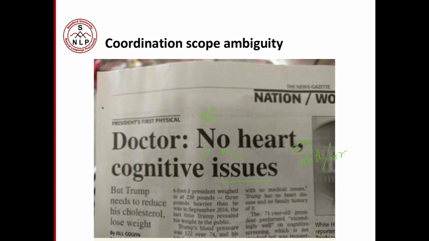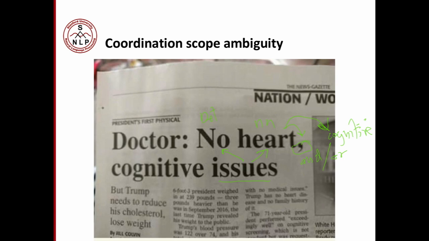So heart is another dependent, it's a noun compound, heart issues, and we refer to that as an NN dependency, and then it's heart or cognitive. So that "heart or cognitive" is a conjoined phrase inside of this "no heart or cognitive issues".